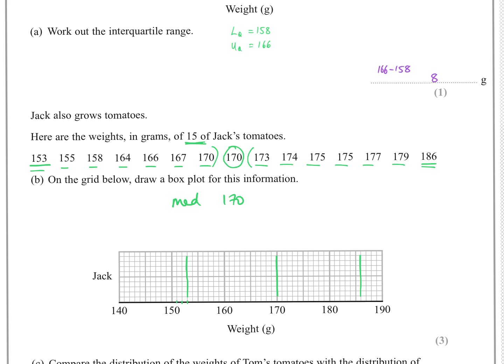If we want to look at the lower quartile, then let's have a look at these figures here. And we can see we've got 1, 2, 3, and then 1, 2, 3, leaving 164 in the middle. So that would be the lower quartile, so that's 164.